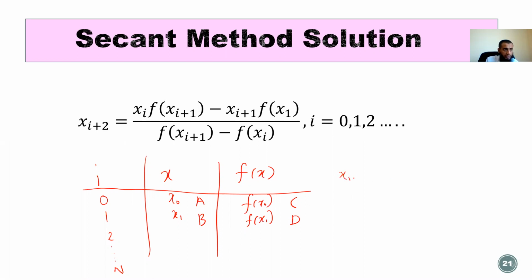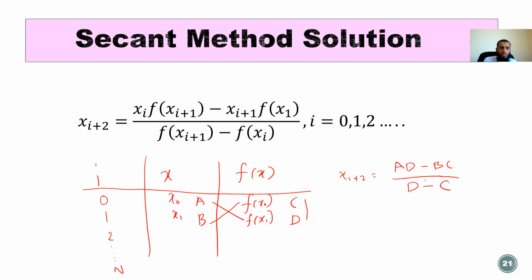What we can get is x(i+2) equal to (AD minus BC) divided by (D minus C). So cross multiply, and then minus D and C. If you forget what to divide by, you just take the D below, C below.